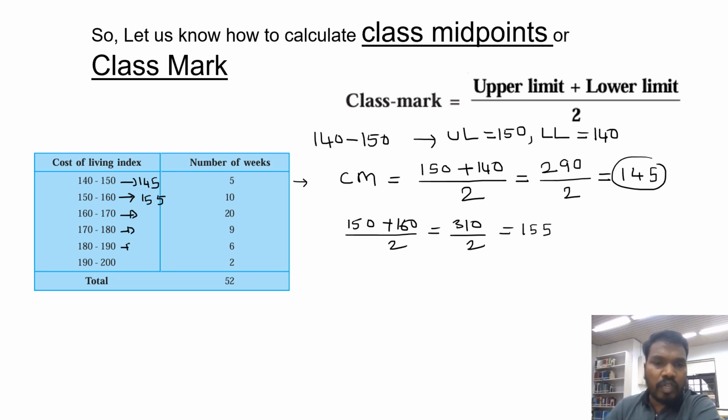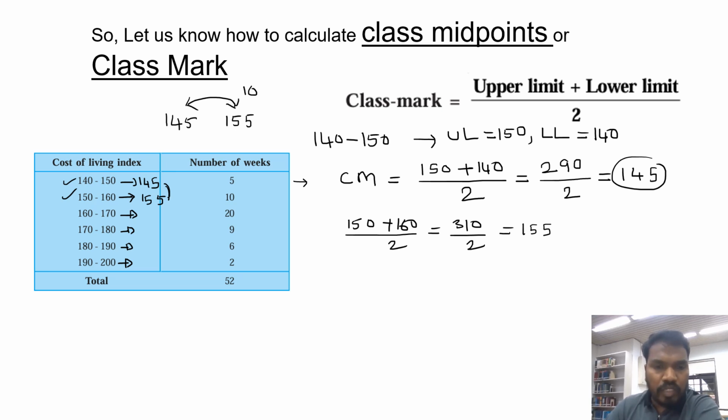Instead of calculating each one similarly, at least find the class marks for the first two class intervals, then just observe the gap between them. 145 is the first class mark and 155 is the second class mark. What is the gap between these two? 10, right?